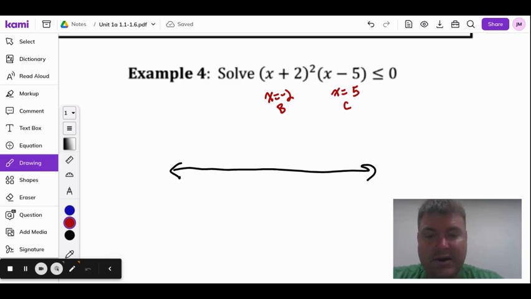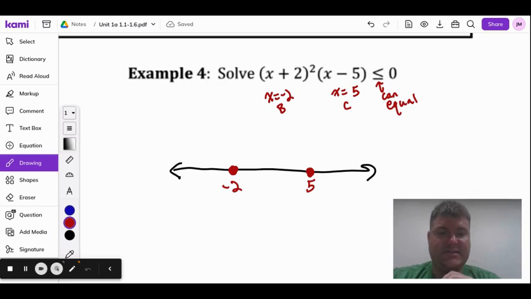So I can equal here, by the way. So I'm going to put solid dots because I can equal. Solid dot at -2. Solid dot at 5. Okay.